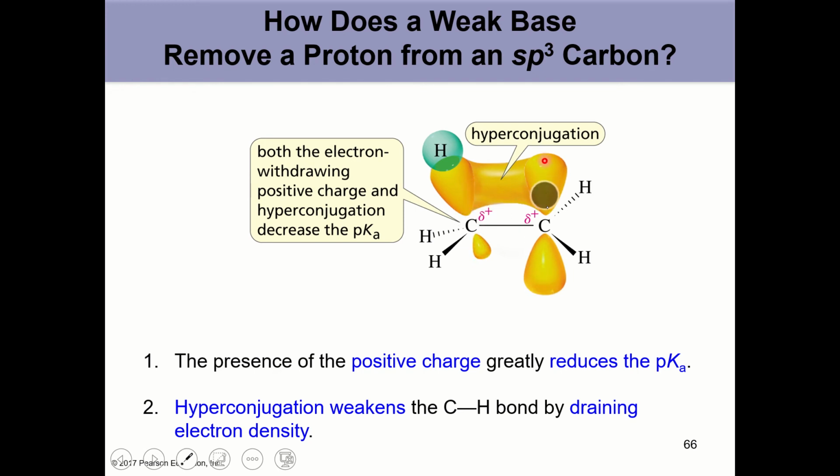Because the positively charged carbon is stealing electron density from its adjacent carbon to hydrogen bonds, it is making that bond weaker so that the proton will leave more easily. And whenever we make the bond to hydrogen weaker, we make that hydrogen more acidic.